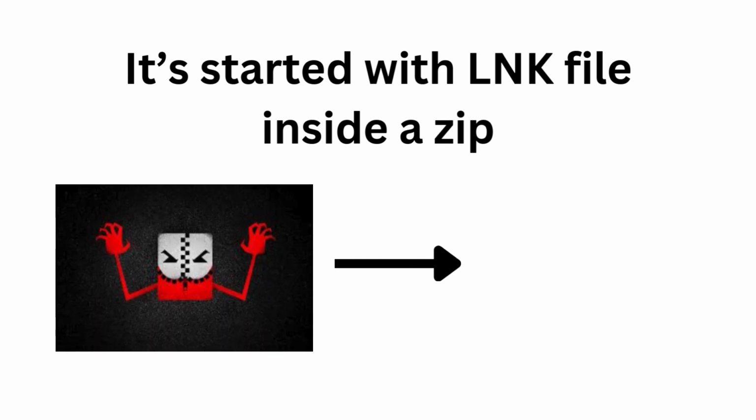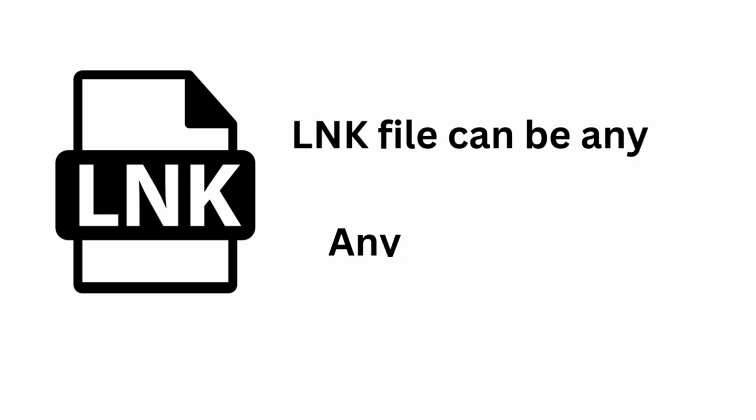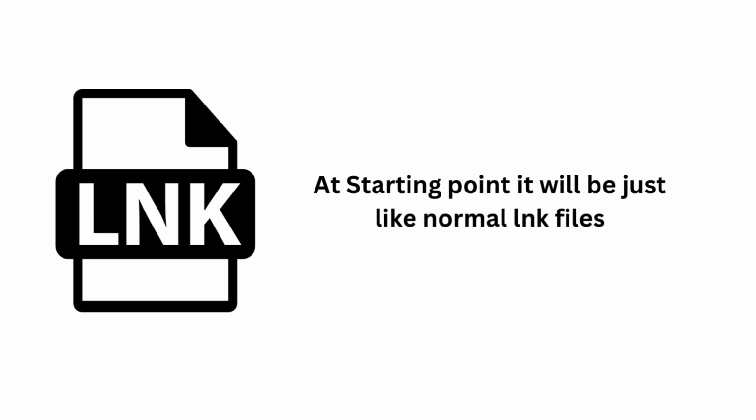The initial infection vector is a Microsoft shortcut file, also known as an LNK file, hidden in malicious zip files, often disguised as pirated movies or other sought after files. These LNK files are a clever trick used by attackers. At first glance, they seem harmless, just a shortcut.